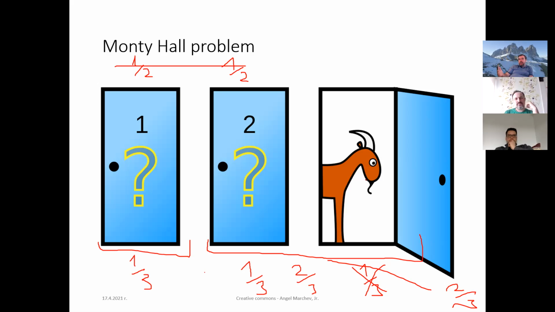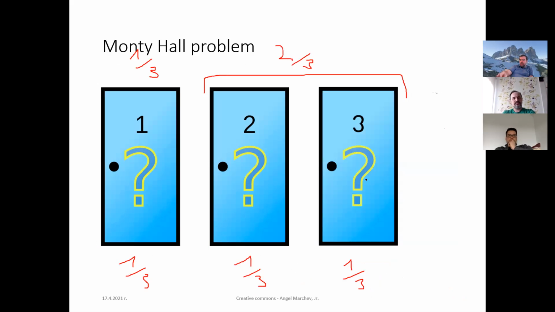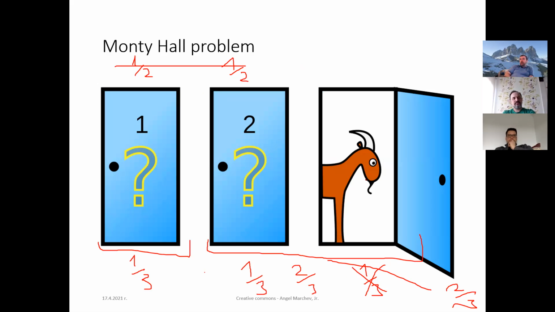And because of this additional information, we have changed the probabilities. Our prior probabilities, the ones that were unconditional, have changed to so-called posterior probabilities, which are conditional on some new emerging information.